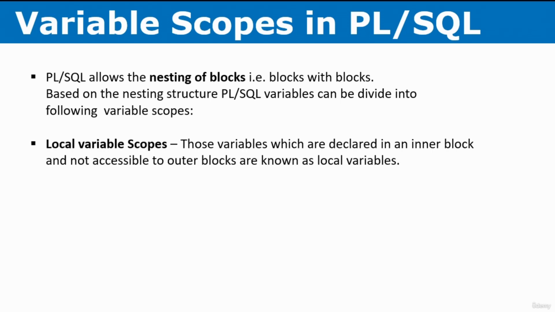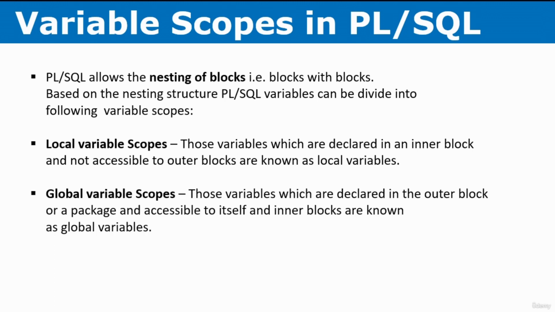Global variables are declared in the outer block or a package and are accessible to itself and inner blocks. So basically, local variables can only be accessed within the specific block in which they are declared, while global variables can be accessed from anywhere within the blocks.